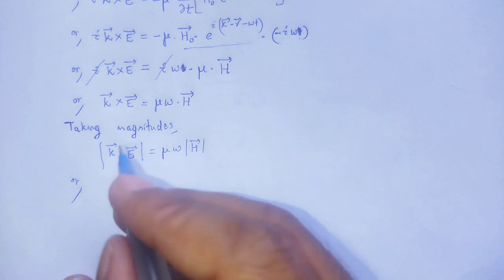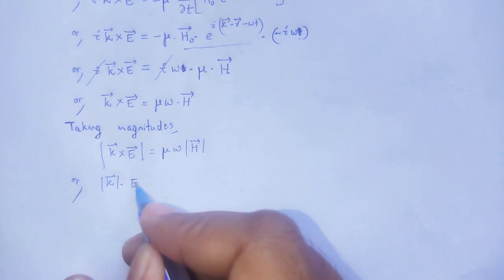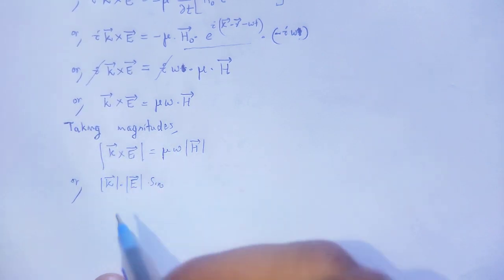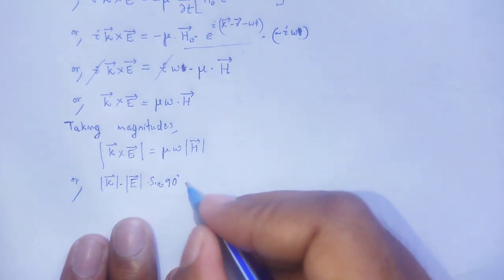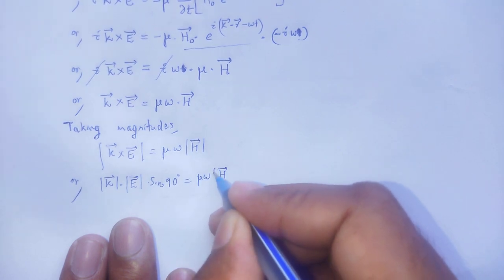Cross product of two vectors is magnitude of k vector, magnitude of E vector, and sine of the angle in between k vector and E vector, that one is 90 degree, is equal to mu omega magnitude of H vector.